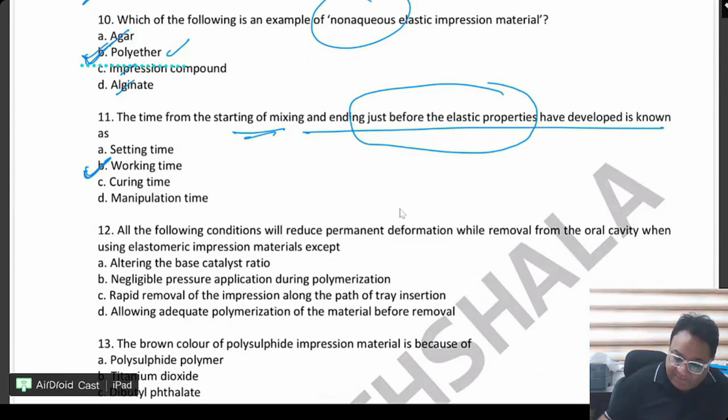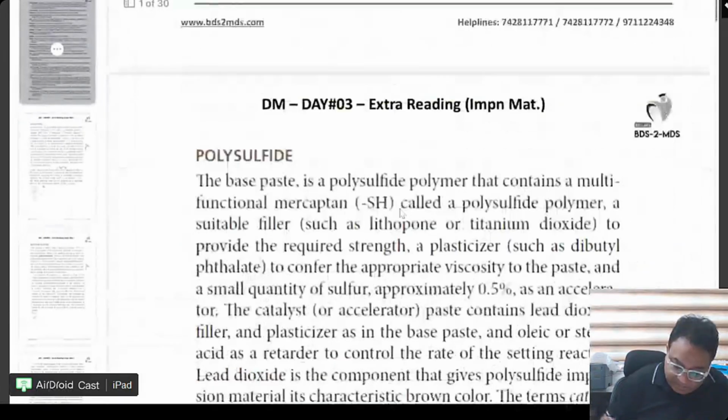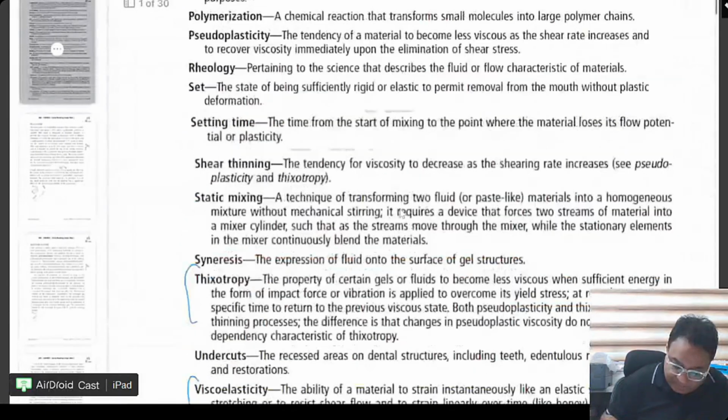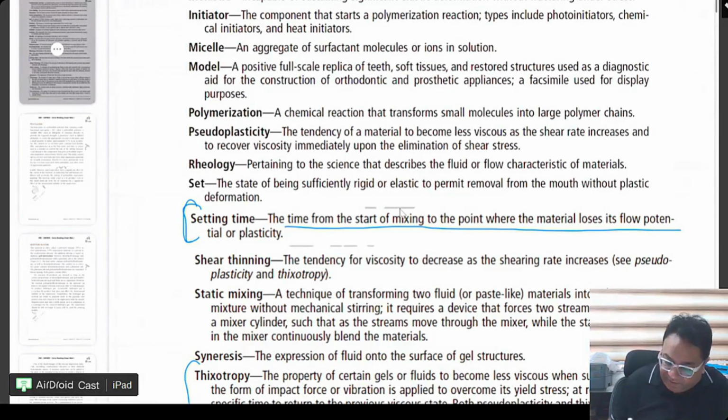Okay. Setting time: the time from start of mixing to the point where the material loses its flow potential or plasticity.